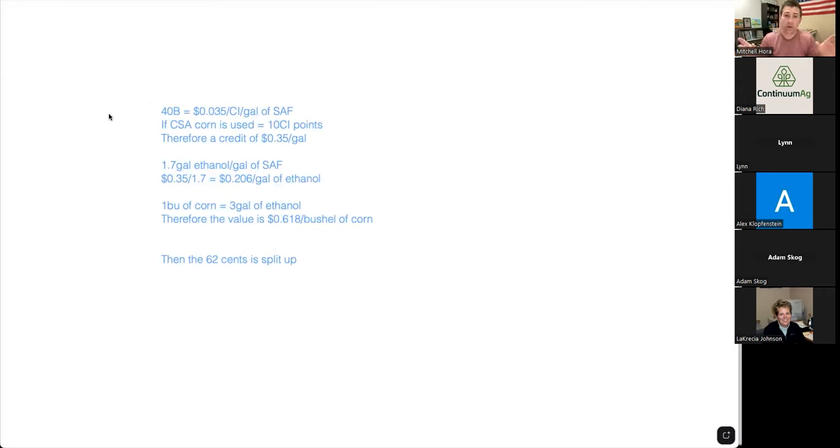Okay, so if they take this bundle approach, if you were to get 10 points of reduction rather than the actual CI score, if they go with this bundle approach for 45Z, which hopefully they do not, but say they go with the bundle approach and not the actual GREET score, if they only give 10 points for these three practices, 10 points in 45Z for ethanol is worth 2 cents per point, therefore 20 cents a gallon.